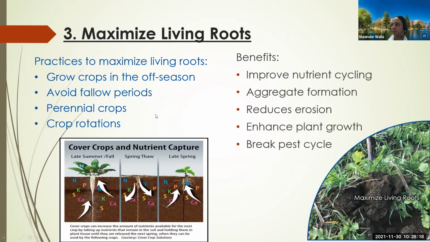So going back to the principles again, I know I took longer on the cover crop side because there is recent interest among the producers on that section. The third principle is how we can maximize living roots. Living roots provide the easiest source of food for soil microbes.